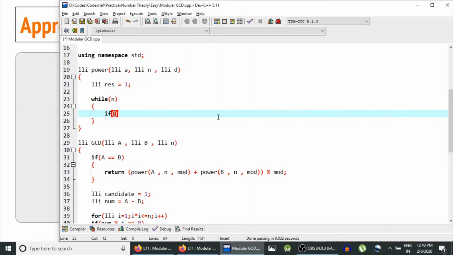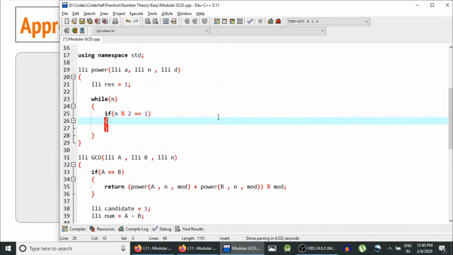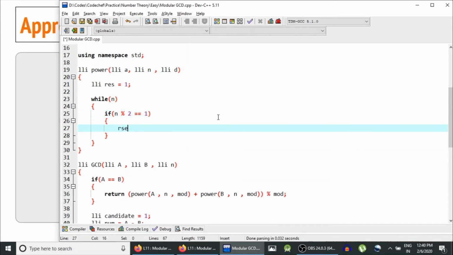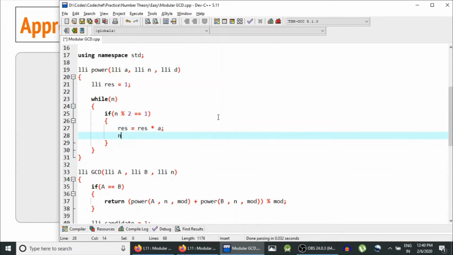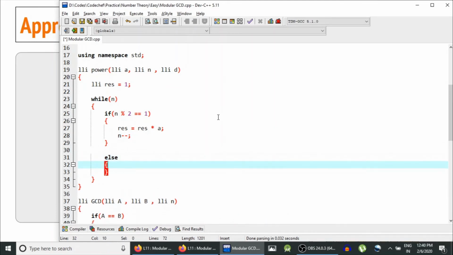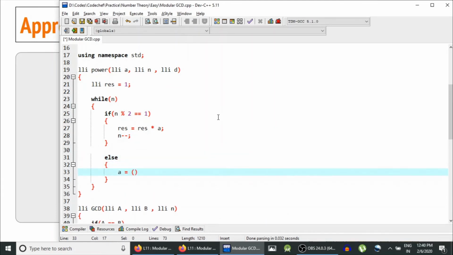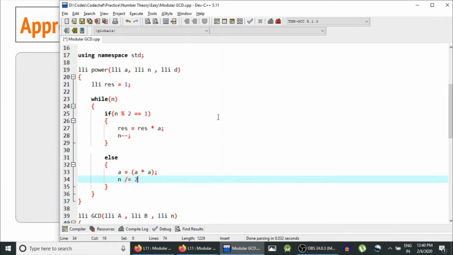Now we know what we do. If n is odd, what we do: result is equals to result into a, and then we do n minus minus. Else we do a is equals to a into a, and n divide equals 2, right?